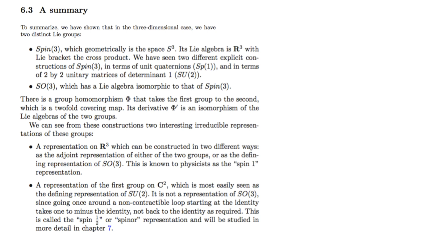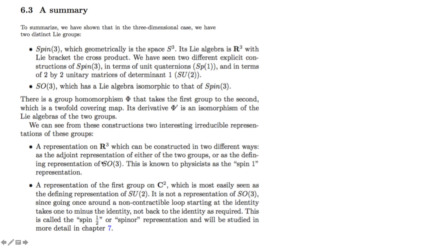Next, SO3 has a Lie algebra that is isomorphic to the SP1 Lie algebra and the Lie algebra of SU2. Next, we can then derive the Lie algebra isomorphisms from the group representations via differentiation.